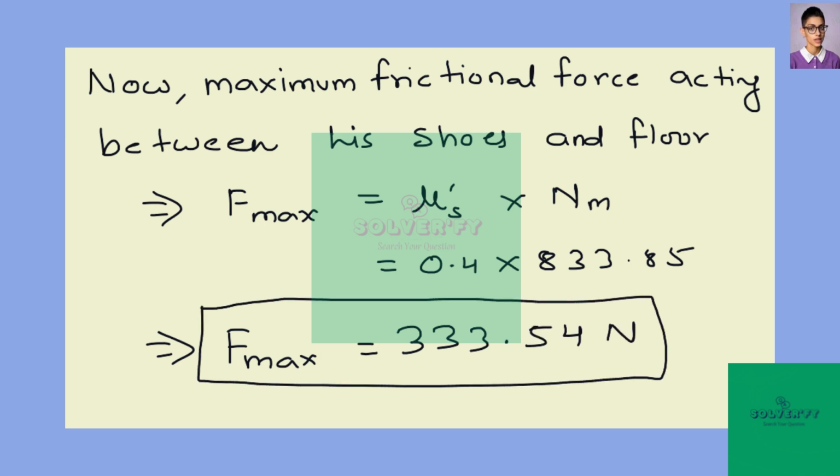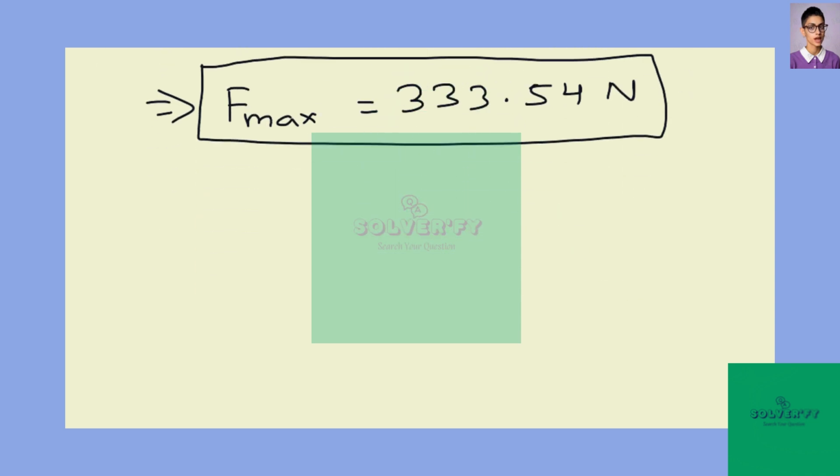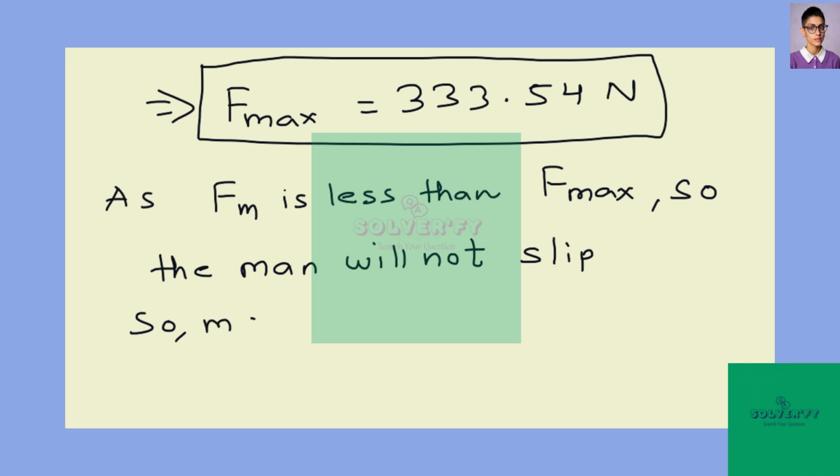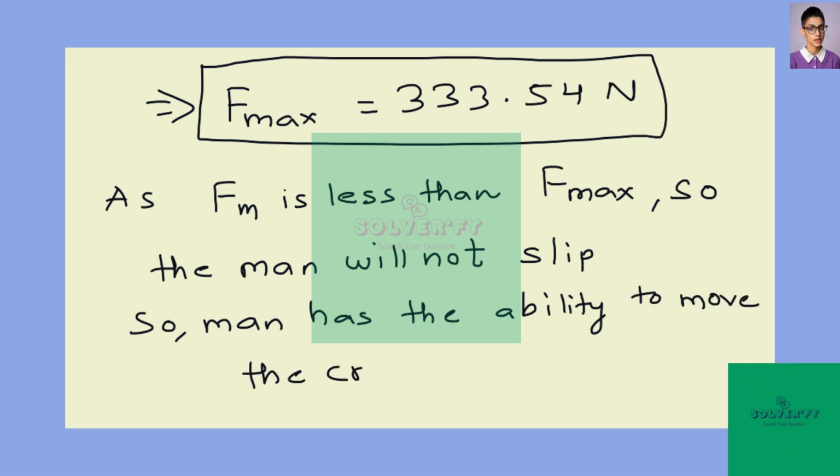So from this we can conclude that Fm is less than F max. So the man will not slip. So man has the ability to move the crate.